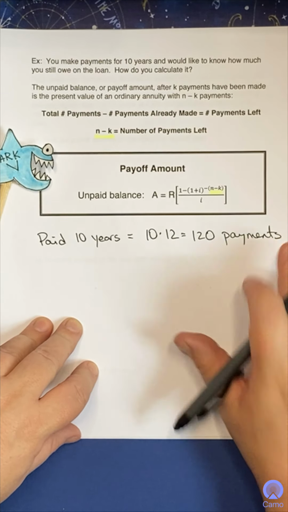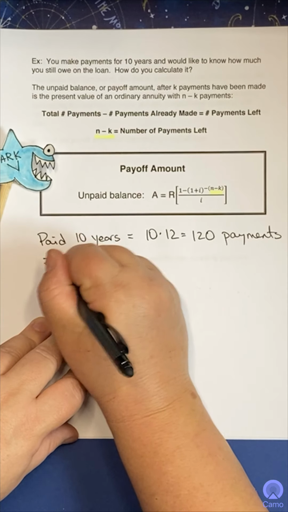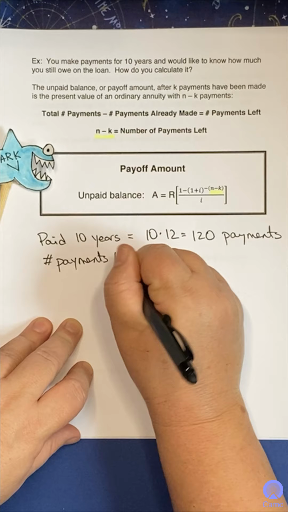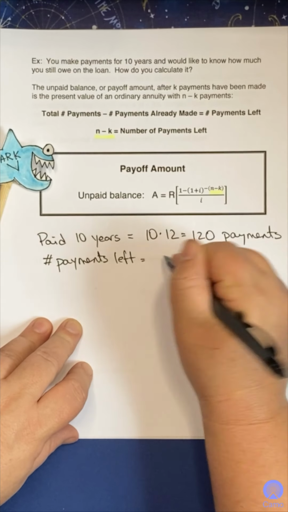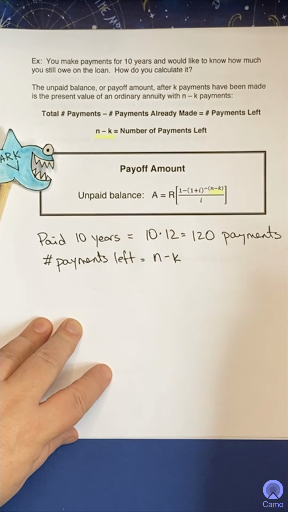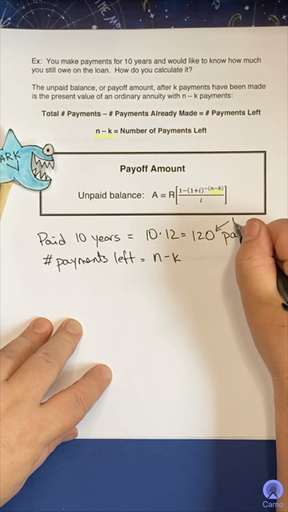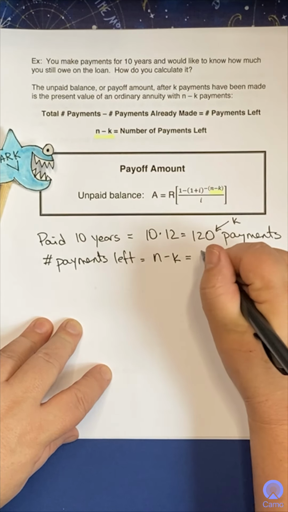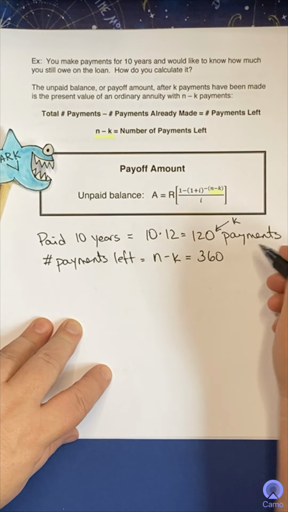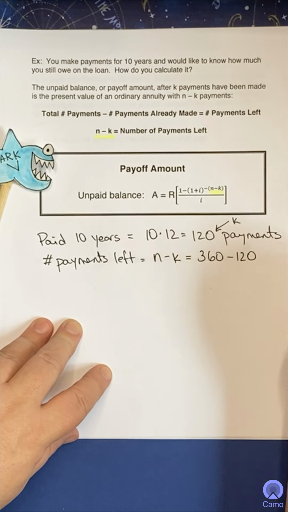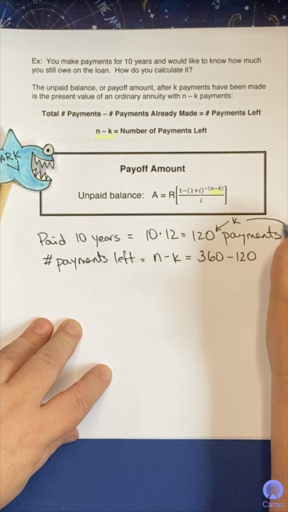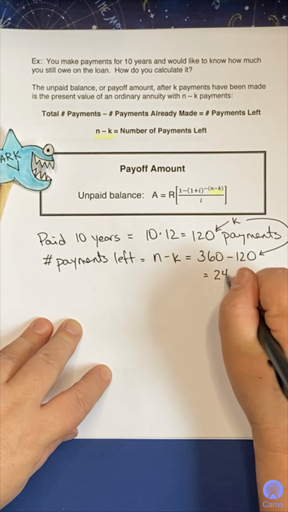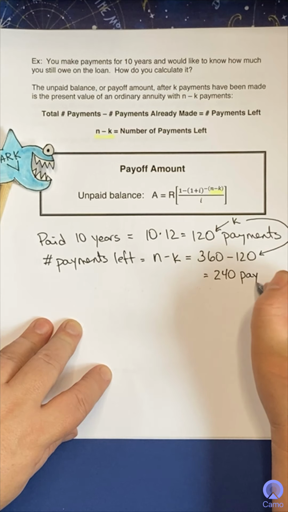We need to know how many are left. Number of payments left is n minus k. This right here is going to be our k, how many have already happened. So we had a total of 360. We subtract the 120 right there, and we get 240 payments left.